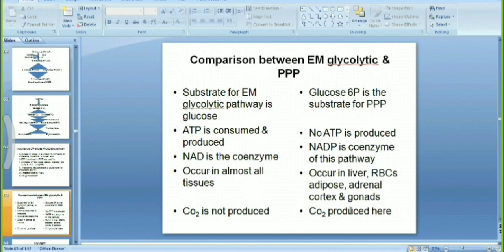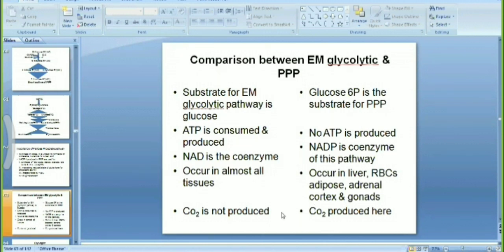The similarity between these two pathways, Embden-Meyerhof glycolytic pathway and pentose phosphate pathway, is that both reactions take place in the cytosol. Both biochemical reactions take place in the cytosol. This is an important similarity among a lot of dissimilarities. Okay.